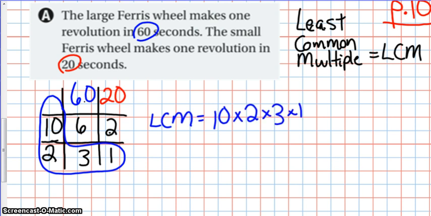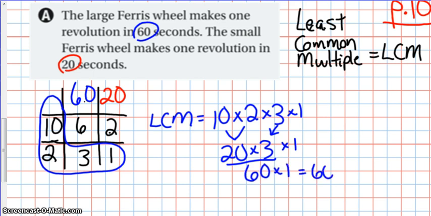So 10 times 2 is 20, times 3 times 1. And then we would solve that part, and it would be, whoops, I almost wrote 20 again. It's going to be 60 times 1 equals 60. So the LCM equals 60. So once again, we confirm that it would take 60 seconds.